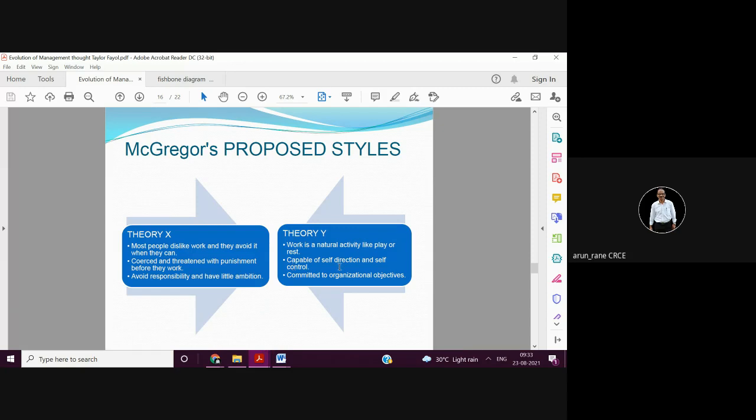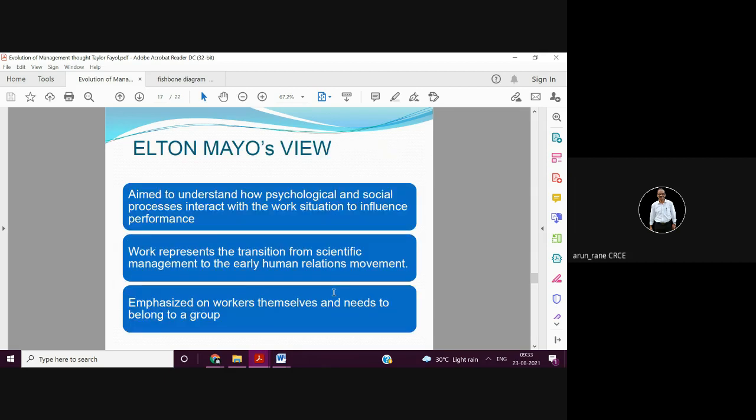Theory Y, work is a natural activity. Like you should enjoy your work. You should do it on your own. And theory Y also says that you have to have commitment to the organization's objectives. That is, what are the objectives of the organization?